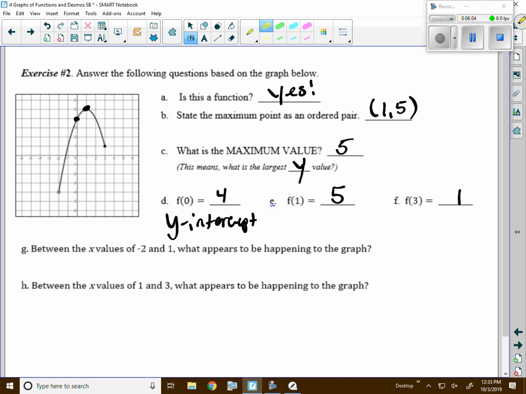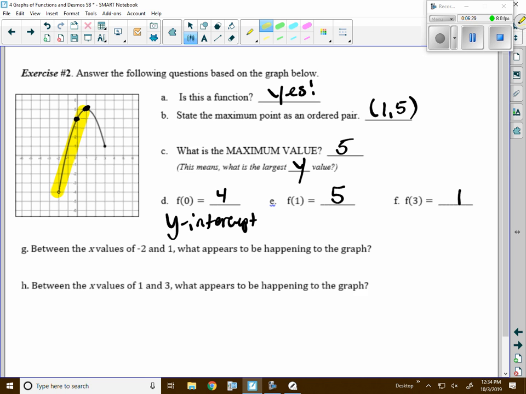All right, between the x values of -2 and 1, where I highlighted, what is happening to my graph at that section? It's going, think left to right, like it's going up. What's a better mathematical way of saying that? It's increasing.